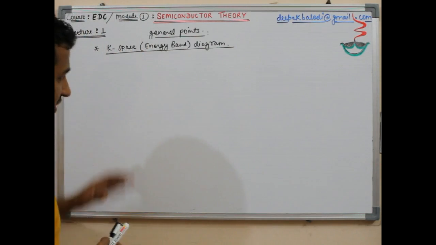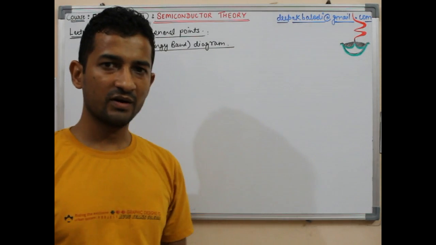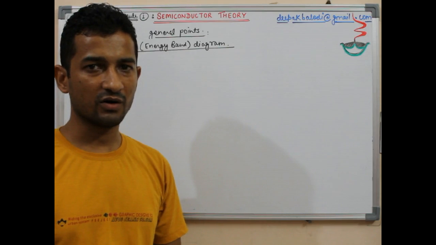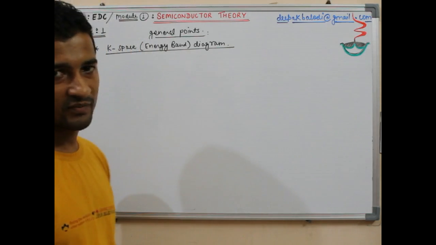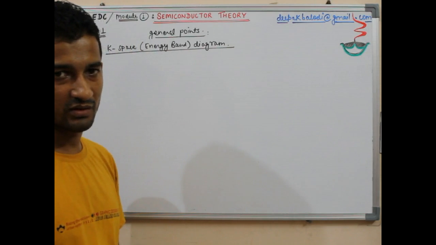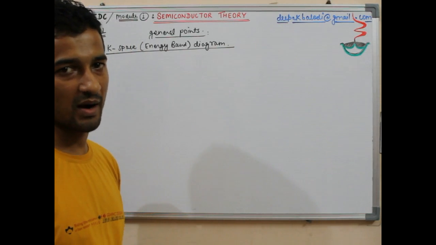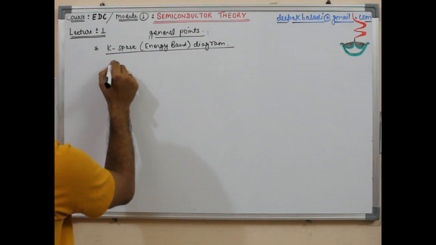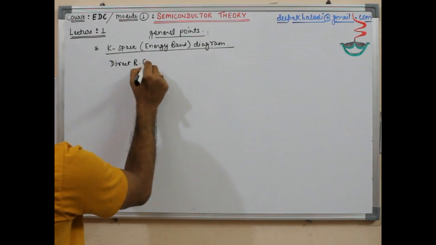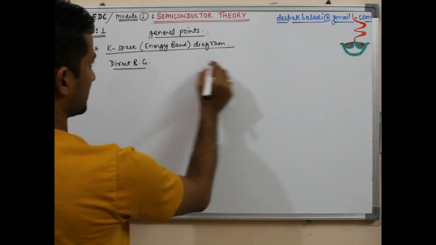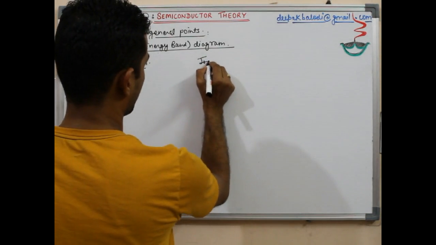So we need not go into the depth of it, and we just have to briefly cover what it says. Basically it tells us that there could be two types of band gaps. One is direct band gap, another is indirect band gap. So let me call them direct band gap materials and indirect band gap materials.